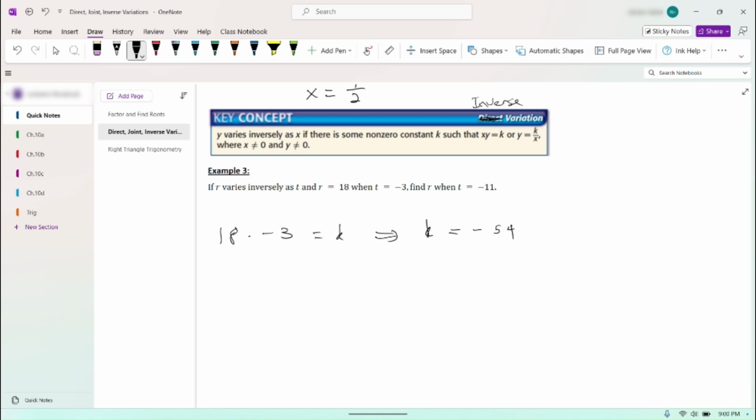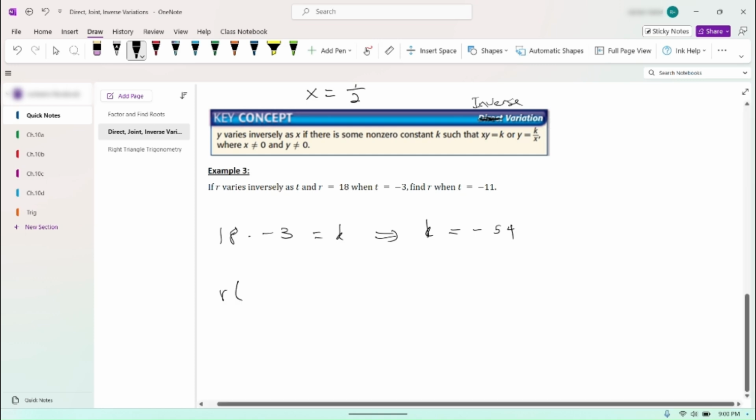So now that we've solved for k, we're going to solve the second batch of numbers that were given. So we have r times t, in this case negative 11, equals negative 54. So divide by negative 11 on both sides, negative 11 r equals negative 54, so r equals 54 over 11.